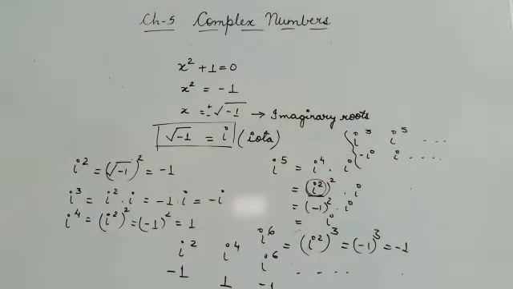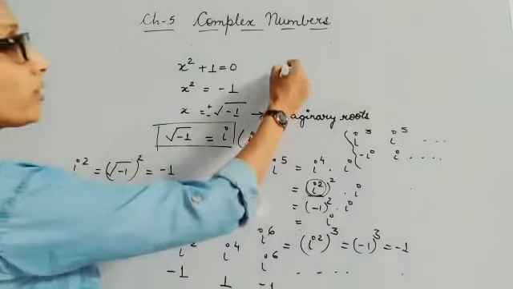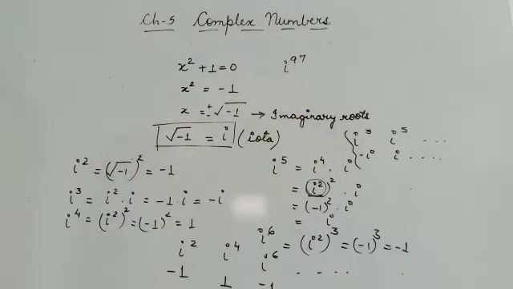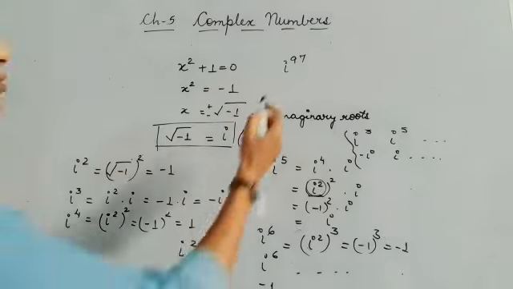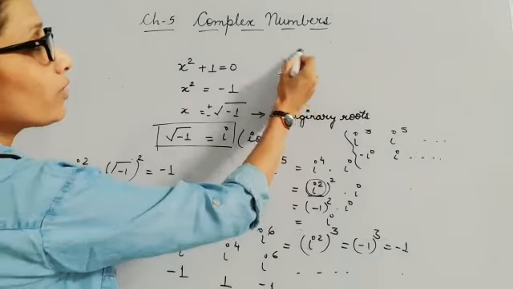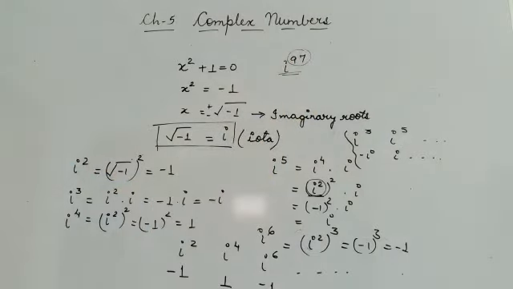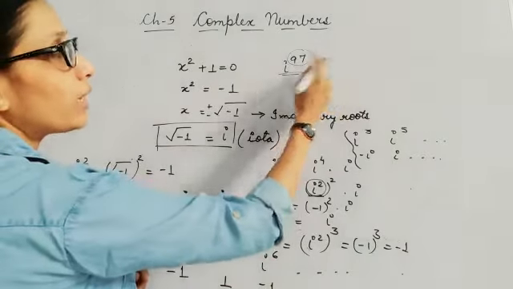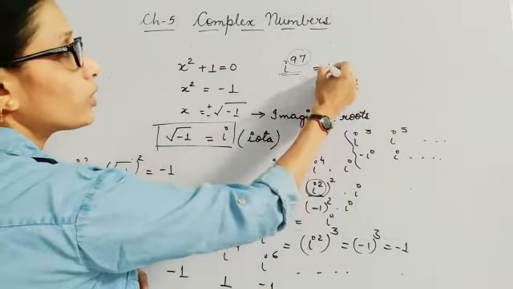But then how will you find out if it is iota raised to power 97? If the powers are bigger, what are you going to do? Always remember, children, first of all you need to see whether this is an even power or odd power. For odd power, you just take out one iota from it.